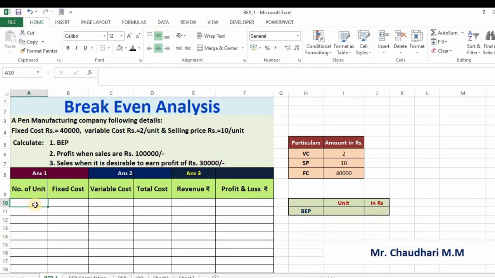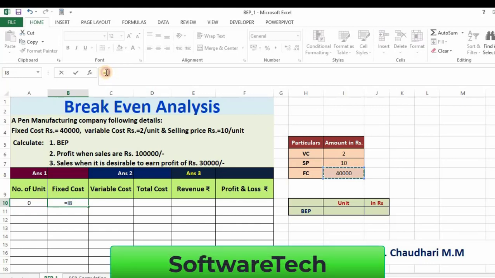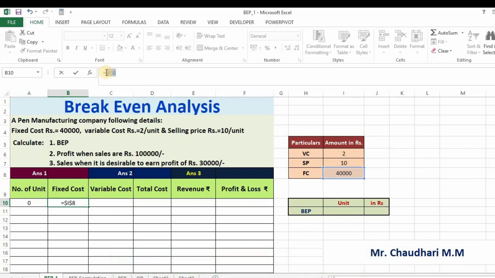Number of units, initially we assume as zero production. Fixed cost is equal to this 40,000. This cell we fix, so press F4, enter. Then variable cost: this variable cost is 2 rupees per unit.